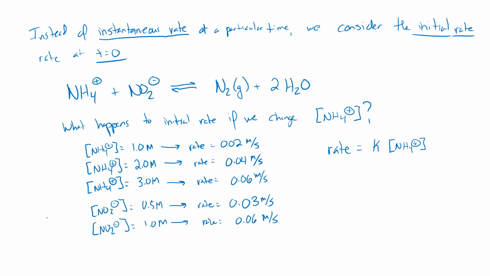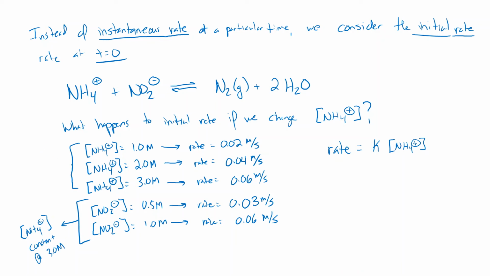Now, in these two cases, we're keeping the concentration of NH4 plus constant. So let's say that in both of these cases, we keep NH4 plus at 1 molar, or maybe it's at 3 molar. If NH4 plus is at 3 molar and this one's at 1 molar, we always get 0.06. And so in this case, constant at 3.0 molar.